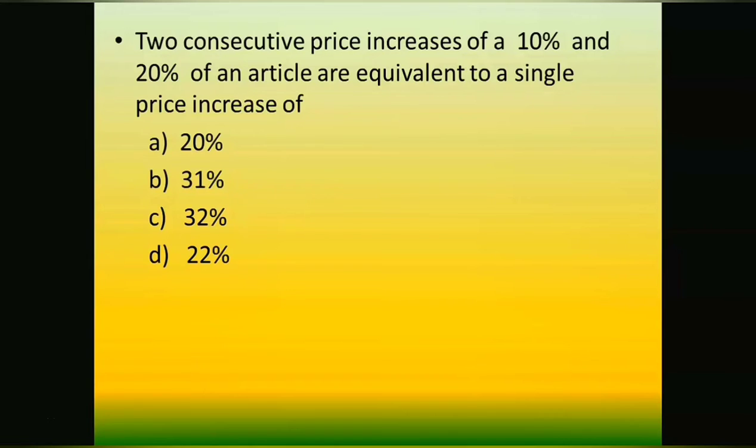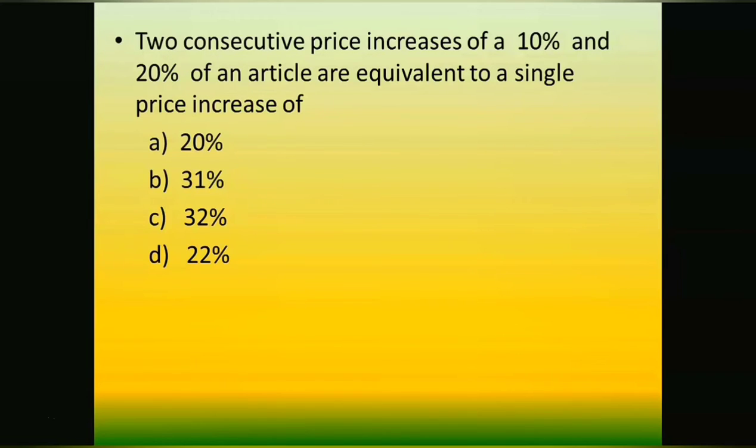Initially it is changed by 10% and then again it is changed by 20%. We are asked to find what is the net change on that article's price. So we cannot add it simply like 10 plus 20 equal to 30. Just now we have seen that this is calculated by using the formula.